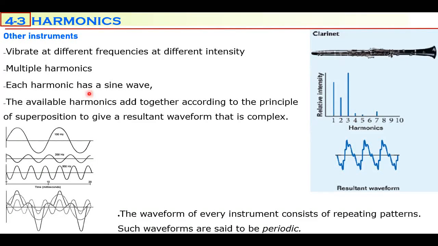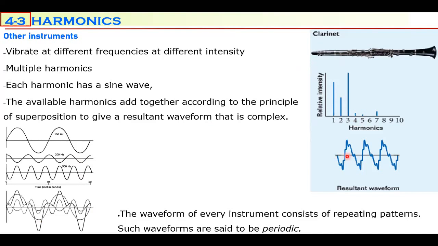Each harmonic is a sine wave, like the first harmonic, the second harmonic, the third harmonic. But the combination of these harmonics makes a wave pattern which is complex, not simple. So the resultant wave pattern of the clarinet is not as simple as a tuning fork.